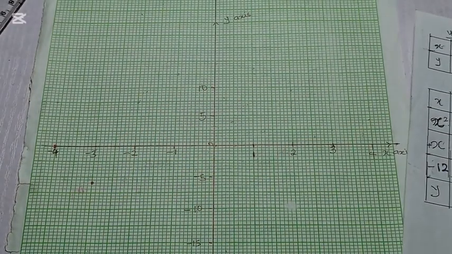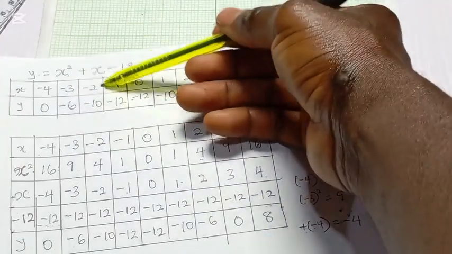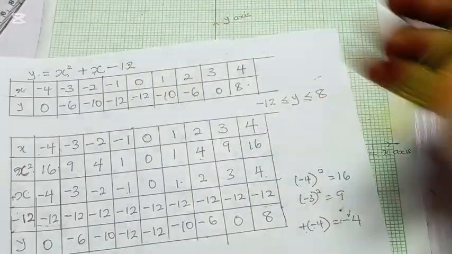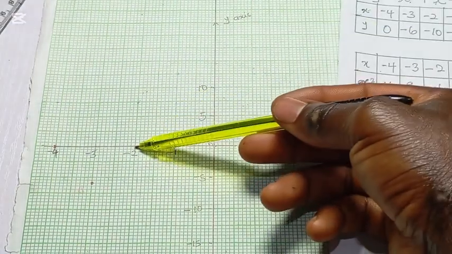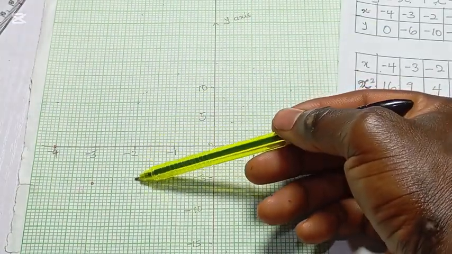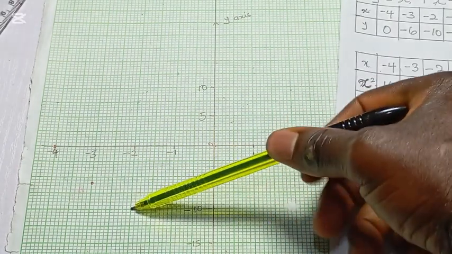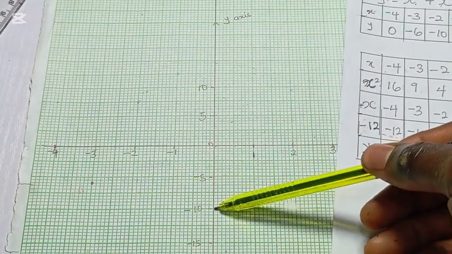Then the next I have is x minus 2, and y minus 10. So when x is minus 2, y is minus 10, because it's quite clear to see that y is minus 10. So you can see that.